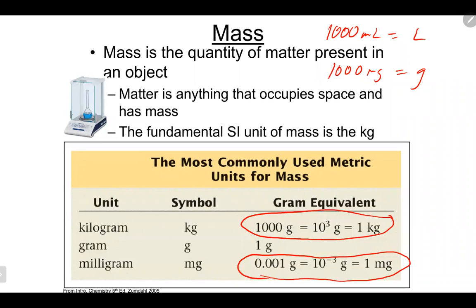So it's a very common metric unit that was just sort of chosen. It makes the larger units of grams a smaller, more manageable unit for everyday use. Rather than saying this guy's like 2,000 grams, it's like 2 kilograms.